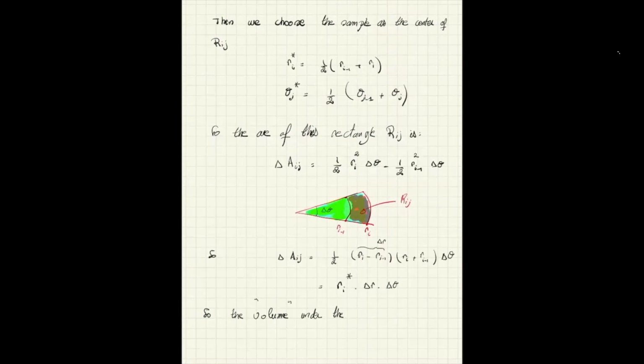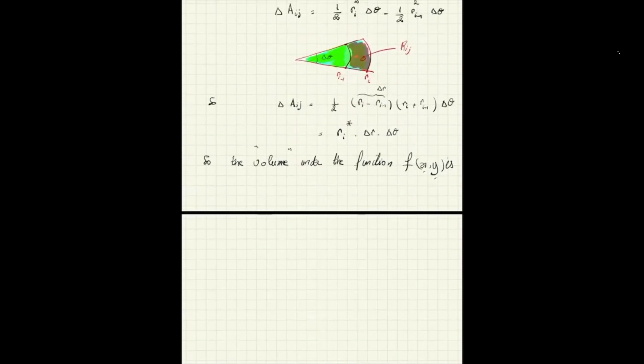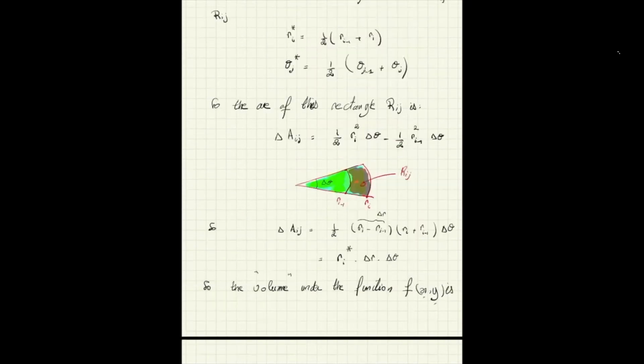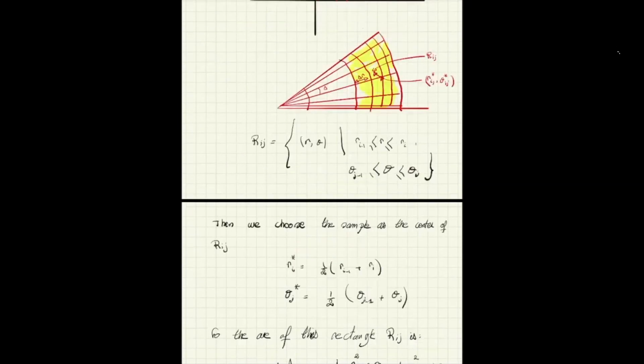The volume under the function f(x,y) is, now you have to be careful because now we're not talking about x and y. We're parameterizing everything with respect to r and theta. R_i star is the middle point. R_i star was introduced here.